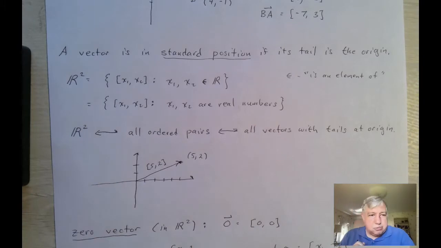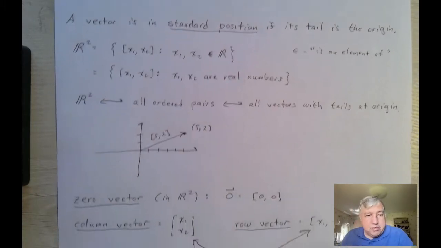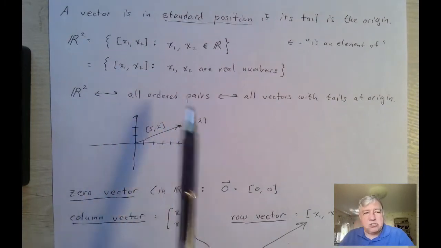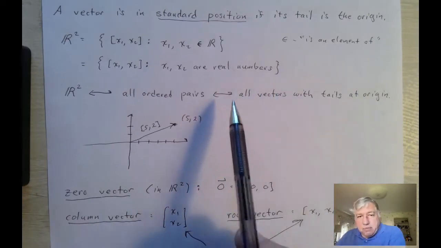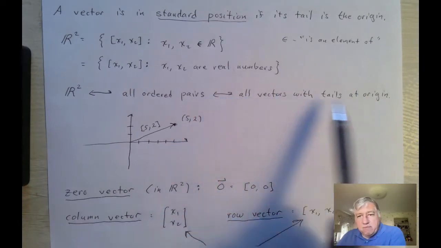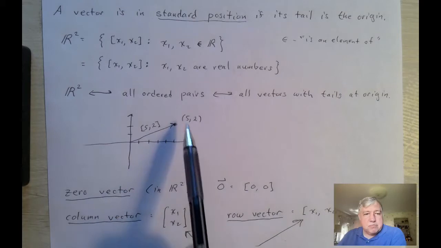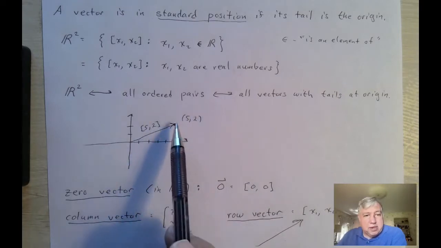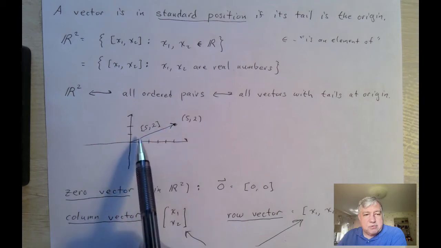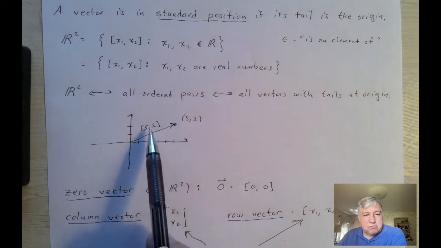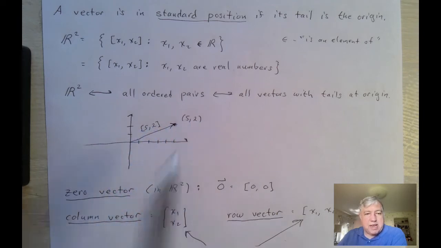So that's R2. And we can see that R2 basically corresponds to ordered pairs, the ordered pairs (x, y) that you learned in calculus. And that corresponds to all vectors with tails at the origin. Basically, if you take any point in the plane, there's a unique vector that connects up to the origin, and the components of this vector are going to be the same as this point.